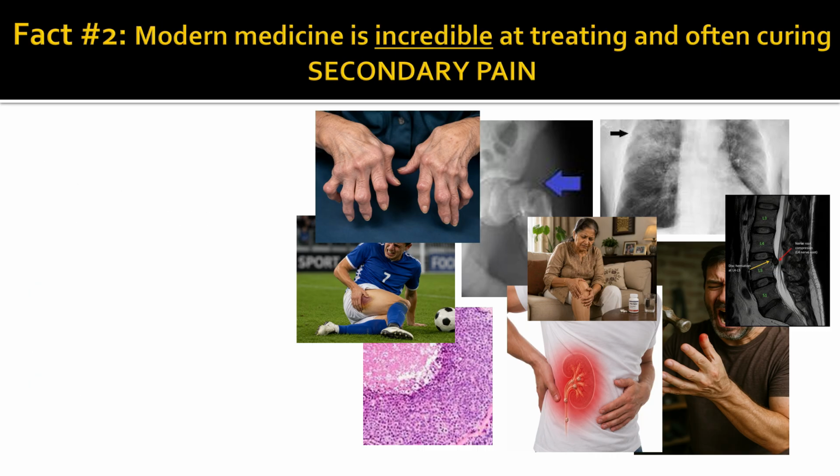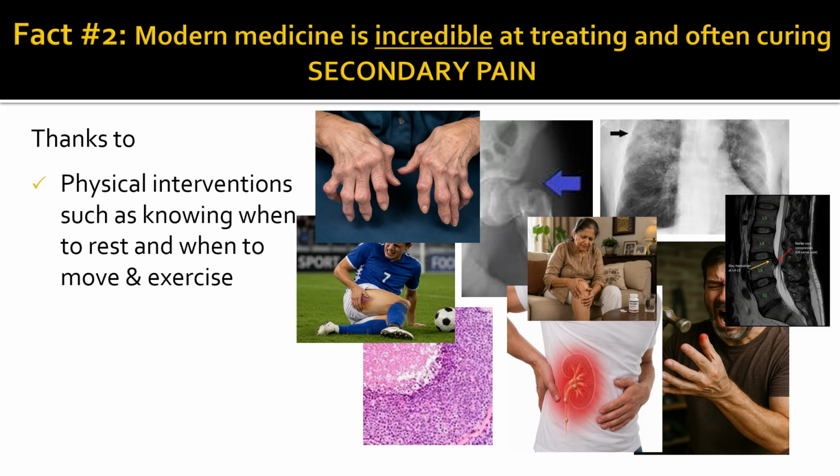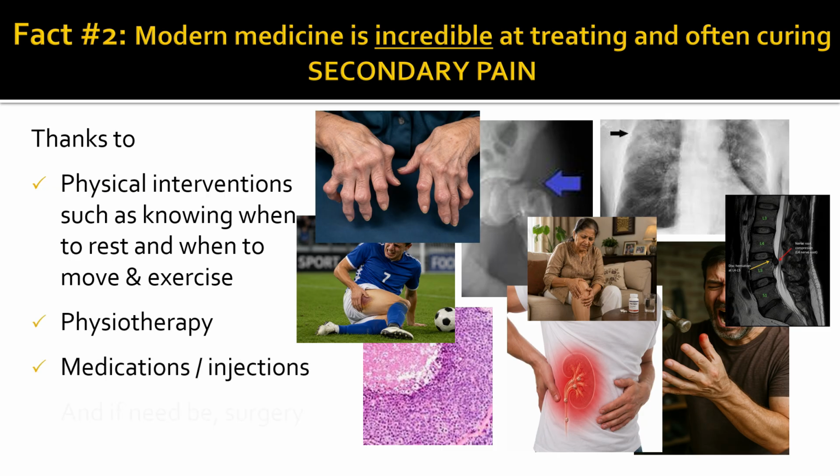Fact number 2, modern medicine is incredible at treating and often curing secondary pain, thanks to physical interventions such as knowing when to rest and when to move and exercise, physiotherapy treatments, medications and injections, and if need be, surgery.